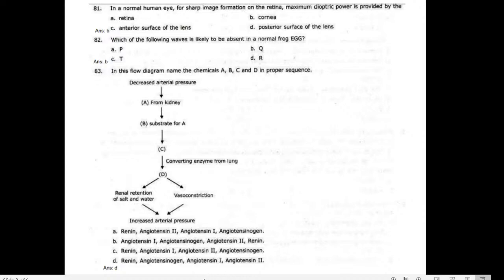Angiotensin 1 enters the lungs and is converted into angiotensin 2. The production of angiotensin 2 helps the renal retention of salt and water and vasoconstriction. This process increases the arterial pressure.